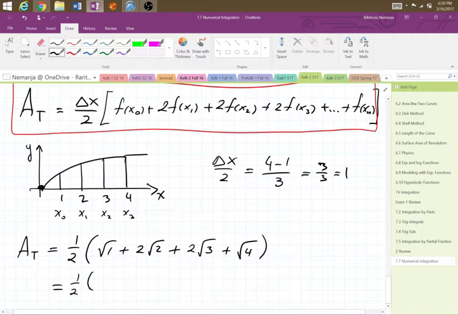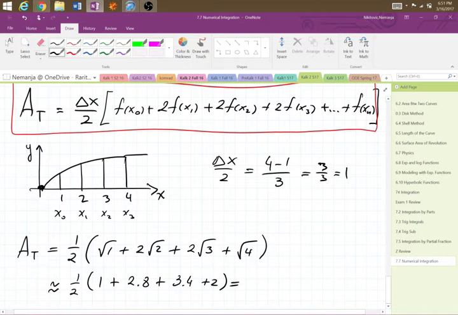That's 1/2 times 1 plus, oh, this needs to be squiggly, 2.8 plus, what is this? We have 1.7, so 3.4 plus 2.